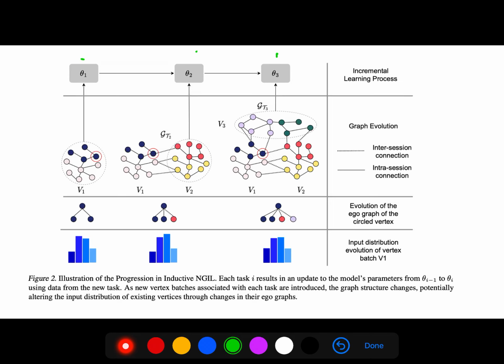And then you see first we have V1, and then we have V2, and then we have growing; it's a graph evolution. New vertex batches associated with each task are introduced. The graph structure changes, potentially altering the input distribution of existing vertices through changes in their ego graphs.